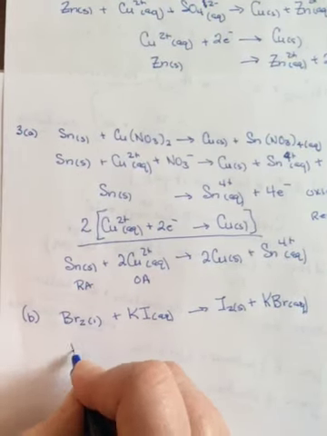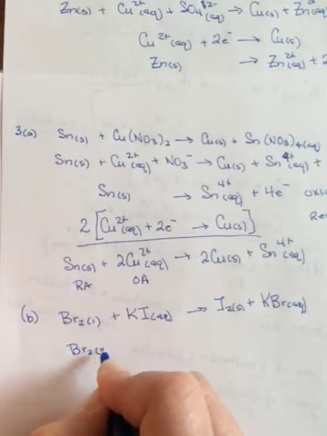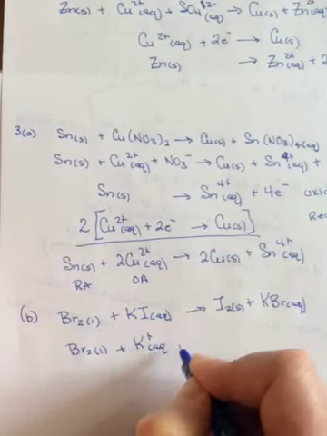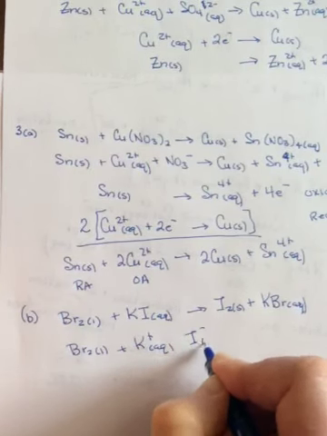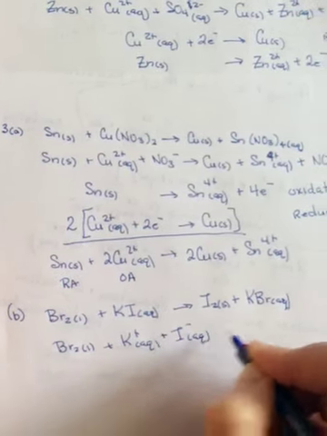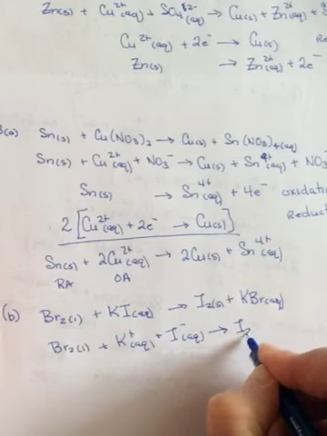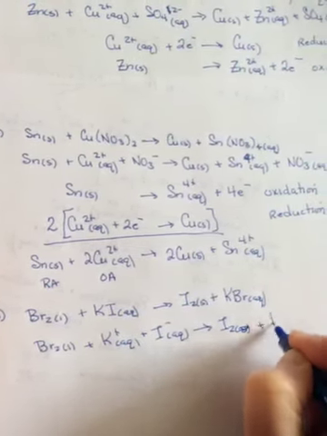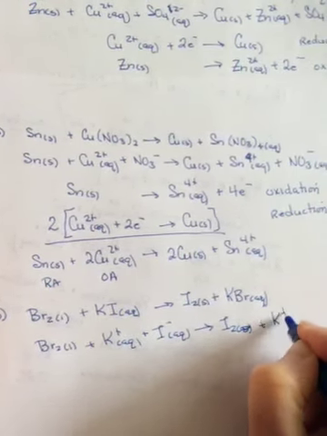So again, write it in its dissociated form. The Br2 stays together. Potassium will be a positive, iodine will be a negative, going to the I2, plus K positive aqueous plus Br negative aqueous.